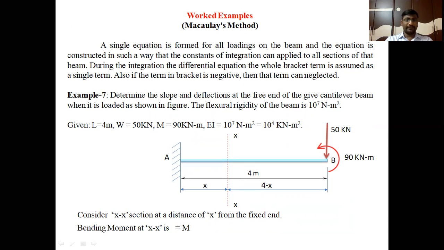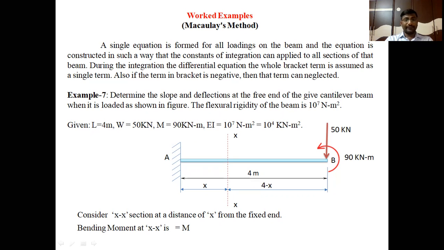Second point is constants of integration can be applied throughout the beam, meaning whichever section XX we take, it can be applied anywhere. And third point is during integration of the differential equation, the whole bracket term is assumed as a single term.